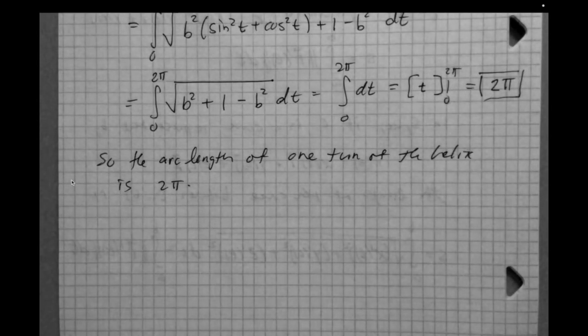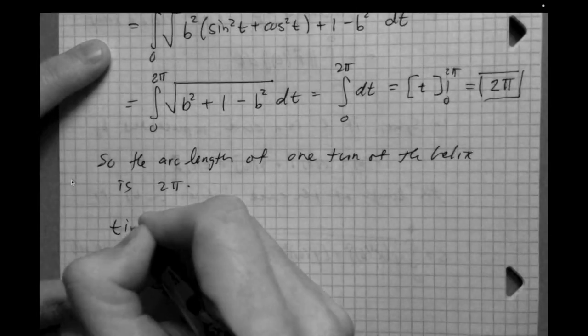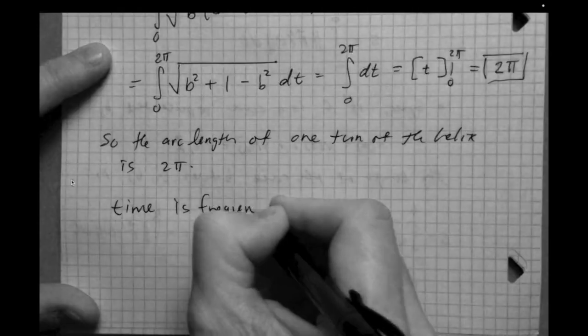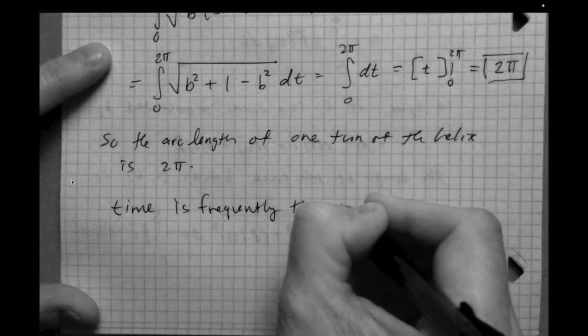We've already seen that curves can be represented by vector valued functions, right? And they can be represented by vector valued functions in different ways, depending on the choice of parameter. Now, time is frequently the most useful parameter.